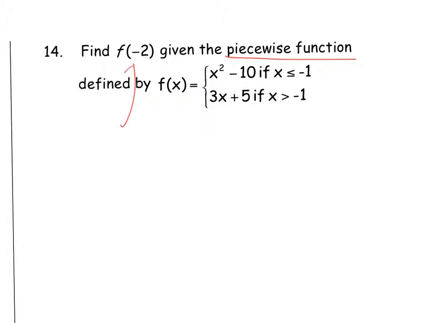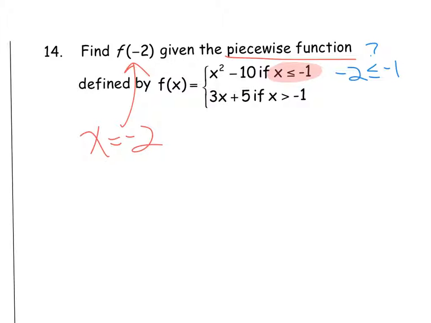Piecewise function, f of -2, means x equals -2. So looking at the following, we're either going to put this -2 into the top or bottom expression. So let's look at the top one. I'm dealing with when x is less than or equal to -1. Well, let's think. Is -2 less than or equal to -1?